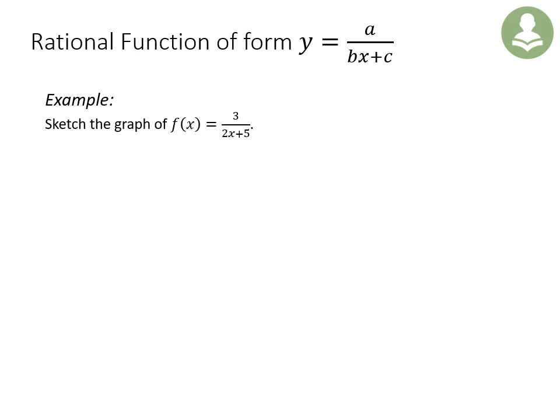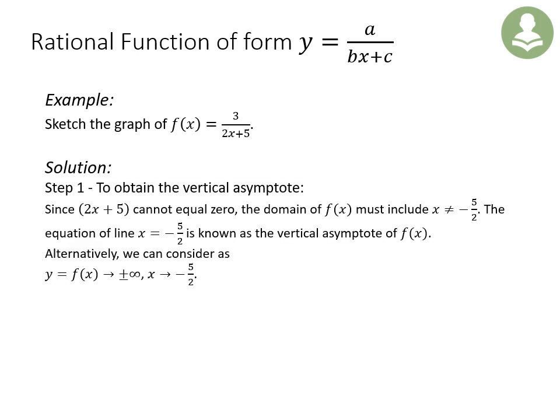We are now going to run through the steps to sketching a rational function. This is to help us understand the behavior of rational graphs. At the end of the day, it's a lot easier to use a graphing tool or a graphing calculator. So the first step to determining the key characteristics of any rational function is, of course, to obtain the vertical asymptote.